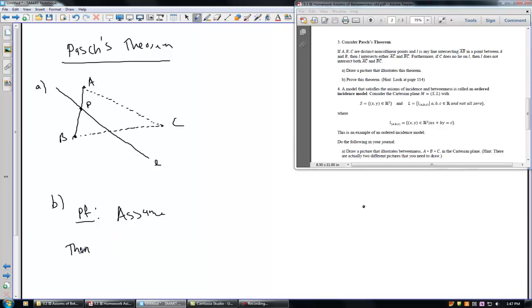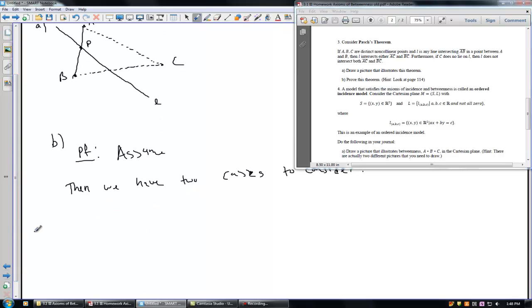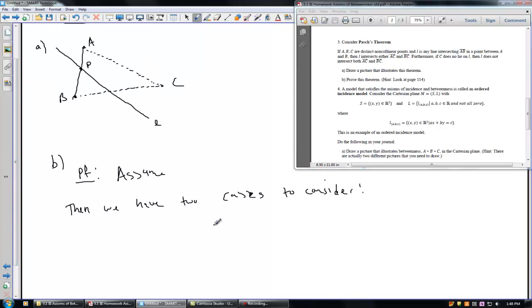we have two cases to consider. Case one, C is on L. And case two, C of course is not on L. One of those two things is going to be true.